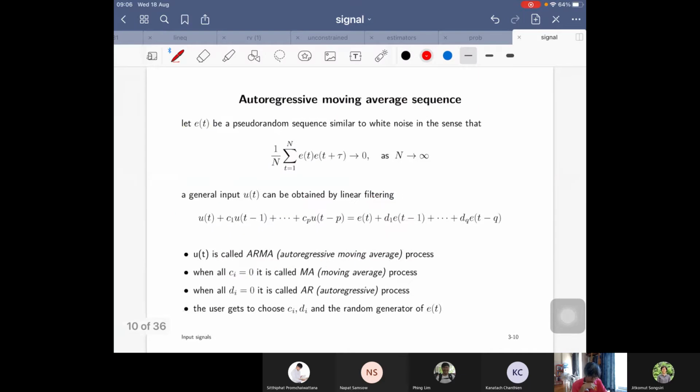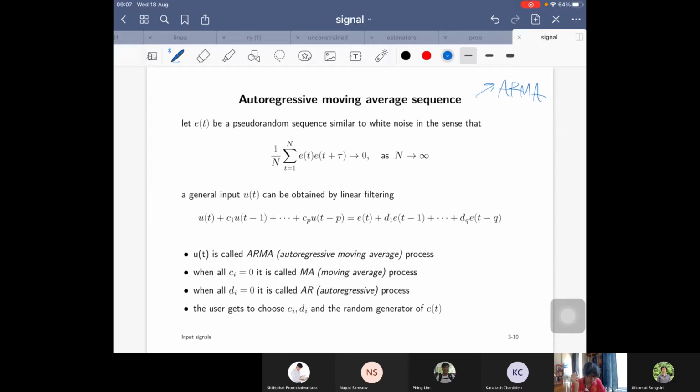Now, let's move to the autoregressive moving average sequence. What we have seen from ARMA is just another type of model. But here, when we talk about the input signal, we ask what if we use an ARMA process as the input to stimulate the system?